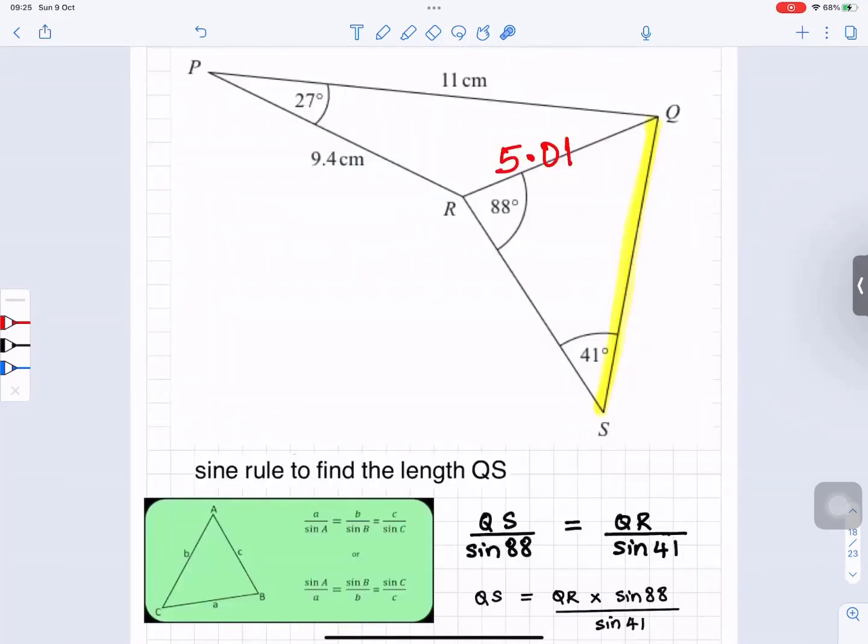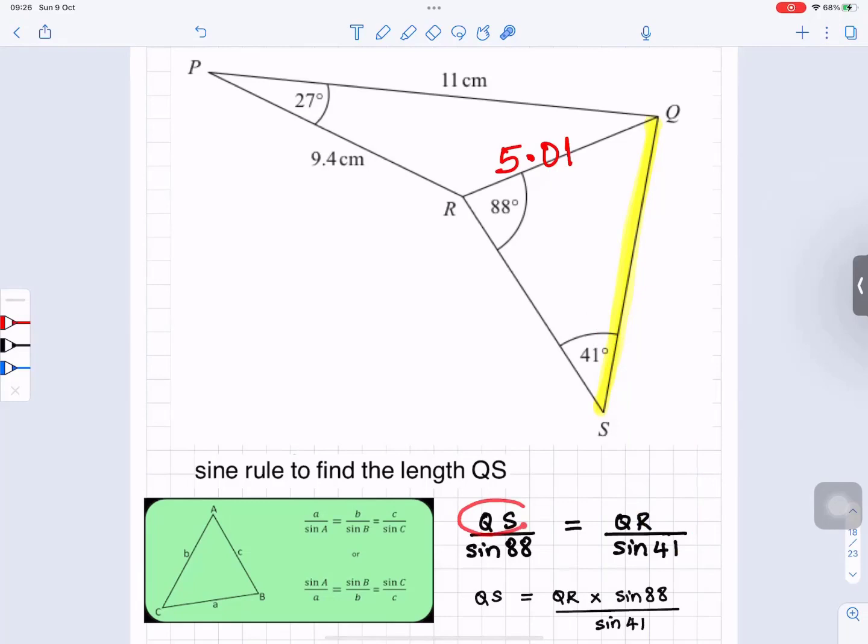So once you found the value for QR, you will use the sine rule to find QS. And this is the sine rule in green at the bottom there. So QS divided by sine 88 is equal to QR divided by sine 41.